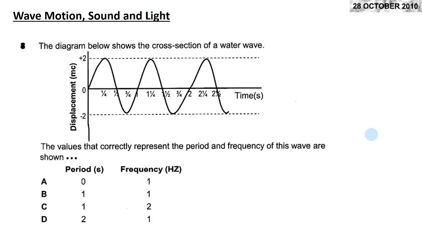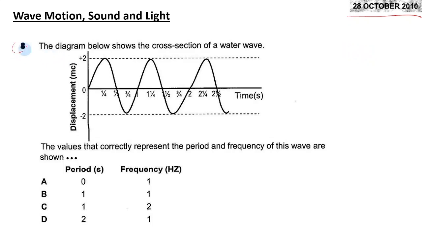Like when you throw a stone in water, then there are those things that start moving on the water. Those are what we call waves. So a wave is a disturbance through a medium which transfers energy from one point of the medium to the other.